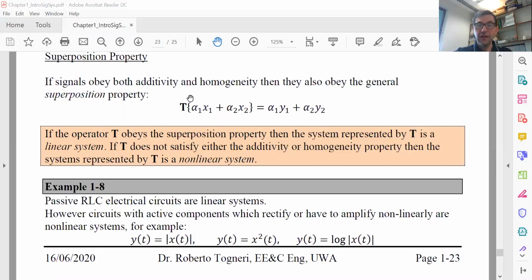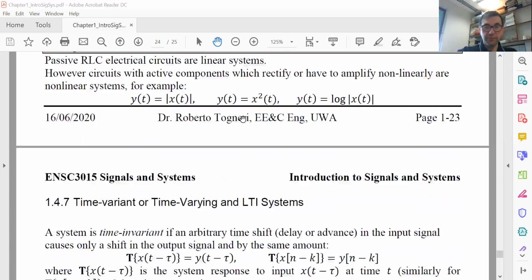So if you design it to handle a sinusoidal input, then you know what it's going to do when you have a square wave input, because it's the same system, it behaves the same, and you just add the two outputs together. So it behaves this way for a sinusoid, behaves this way for a square wave, and then you can tell how it's going to behave if you add a square wave with a sinusoid. It makes the analysis and design quite simple.